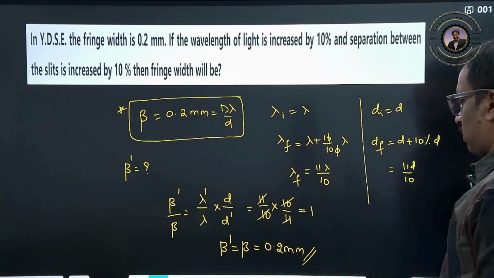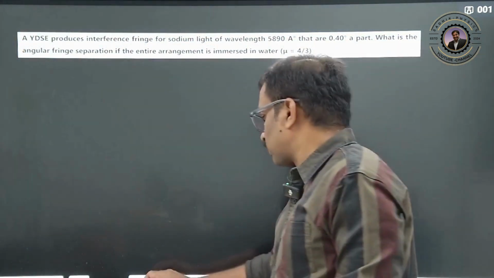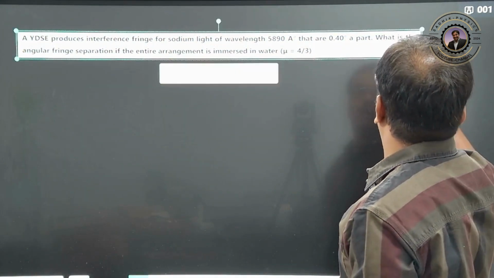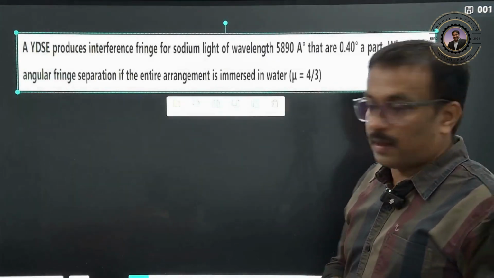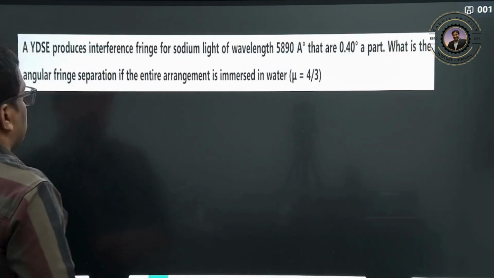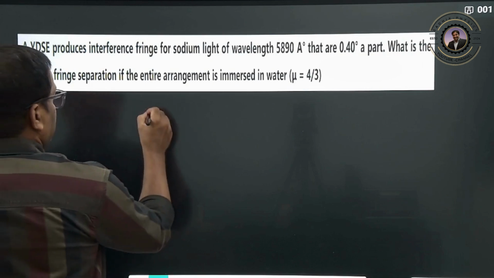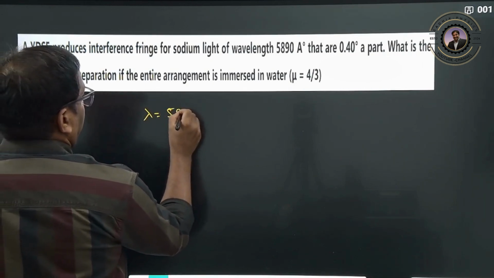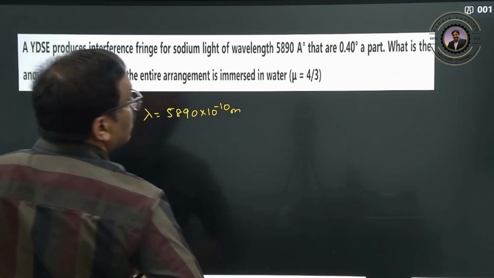Clear? So now we'll go for another question. A YDSE produces interference fringes for sodium light of wavelength 5890 Angstrom, that is 10 to the power of minus 10 meters.